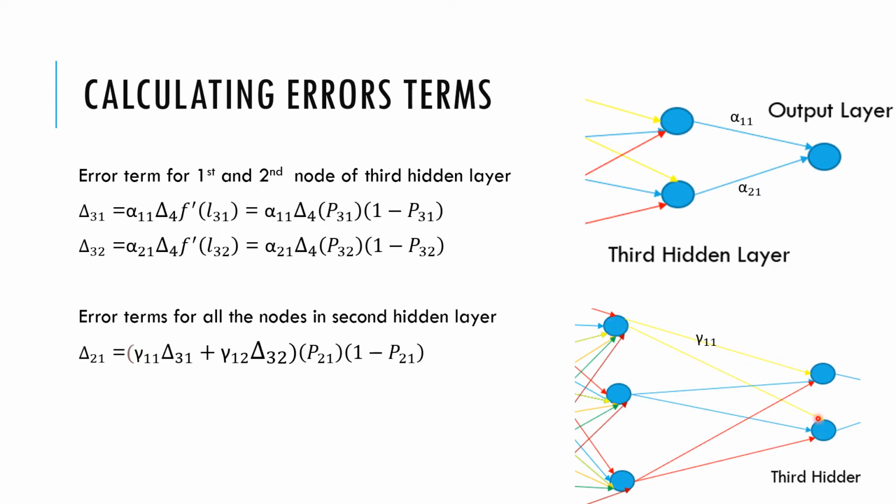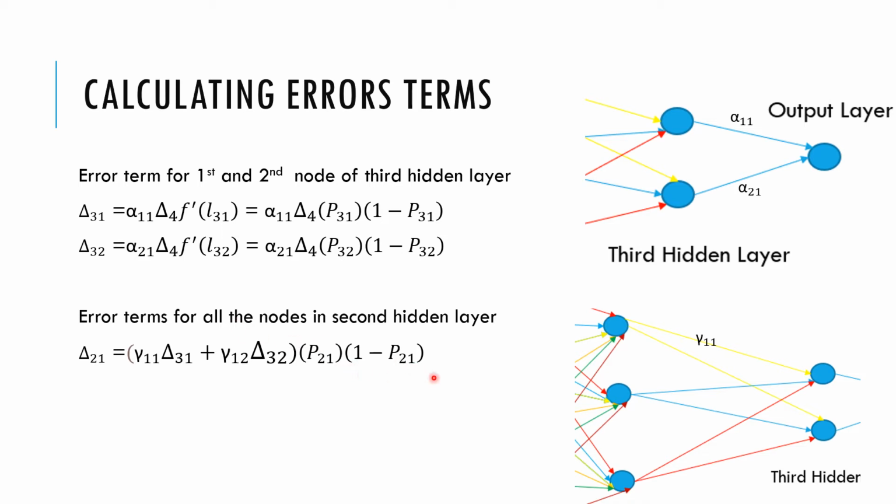Then the error term contributed to this by this one will be the error term of this one, that is delta 32, and then gamma 12, right? This will be multiplied here and then added together. So both added together, and then we multiply that by the gradient of this sigmoid activation here, which was P21. So the gradient would be P21 into 1 minus P21, right?